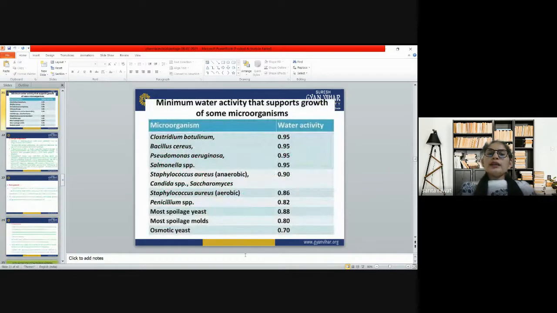Now, the minimum water activity that supports growth of microorganisms.